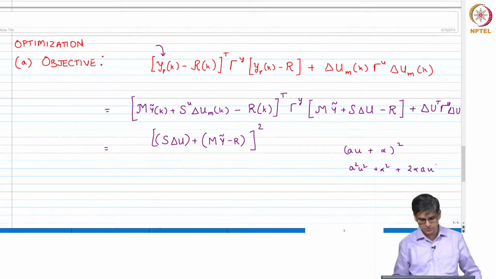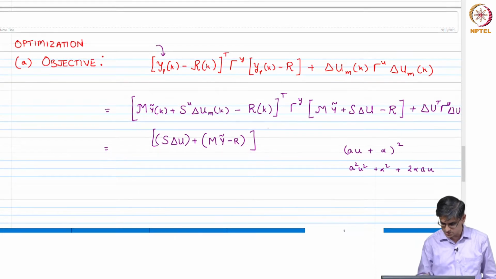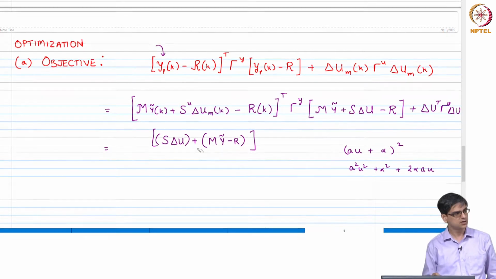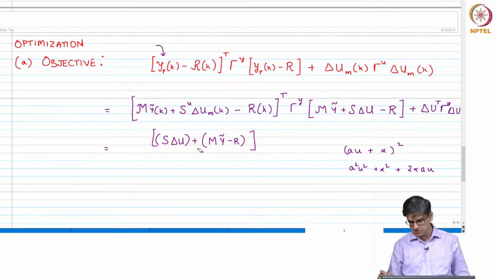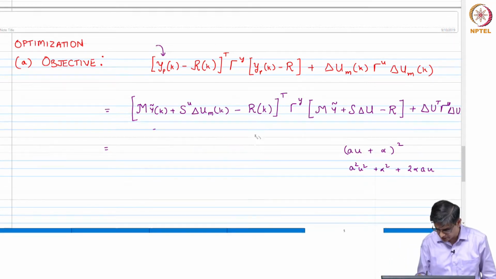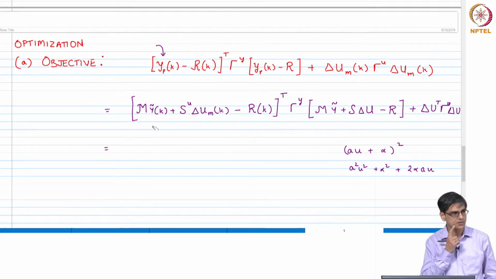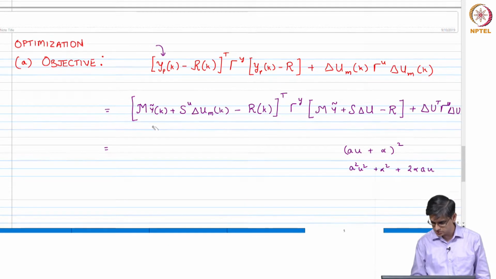We are just going to use that idea over here. Keep in mind your alpha is like my minus r, your a is like your s. Okay. So, accordingly we will write what happens when you have matrix stuff coming in.